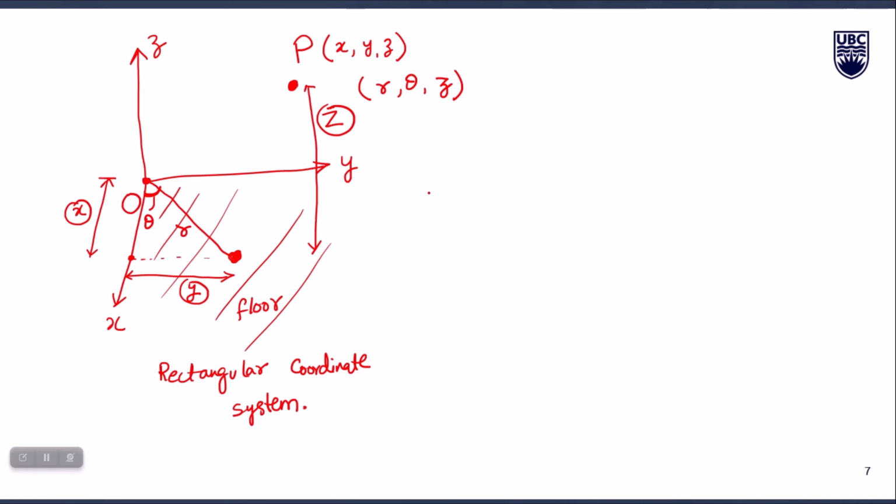So if I know these three numbers r, theta and z, I can reach the same point again, right? Instead of using x, y and z, I can use r, theta and z to reach that point again. If I am doing that, I am using what we call the cylindrical coordinate system. So it is no more the Cartesian coordinate but the cylindrical coordinate system.